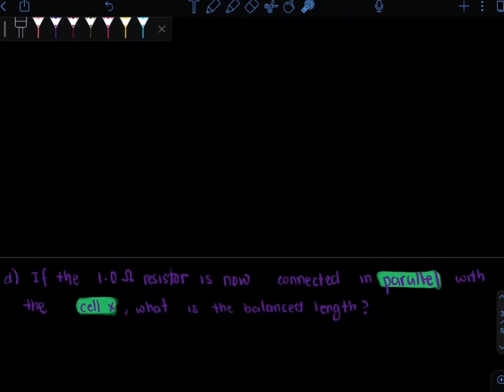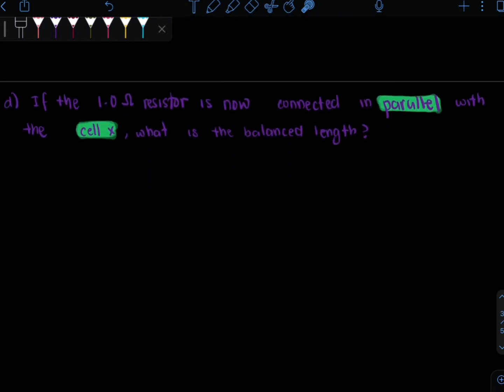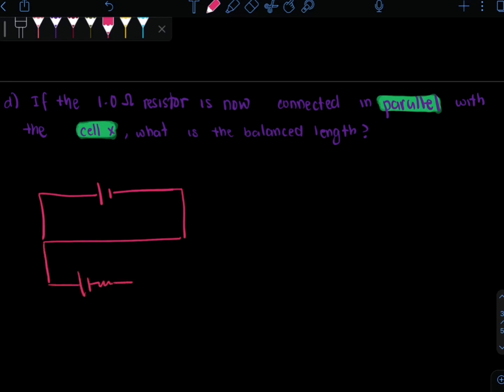So our circuit sekarang akan have a new loop such that kita ada EMF, kita ada potential wire AB, and then you have EMF X with an internal resistance here, and then kita connect dia parallel dengan resistance baru kita tadi. So this is the new resistance kita, where R is equals to 1 ohm. You connect it in parallel.